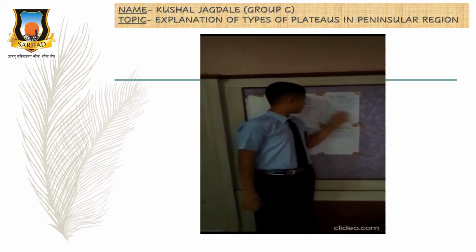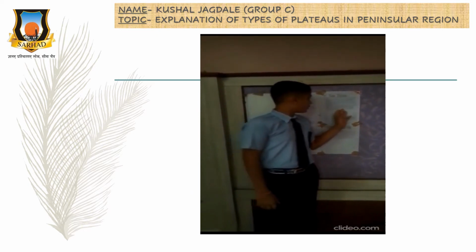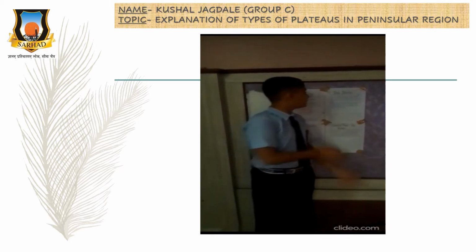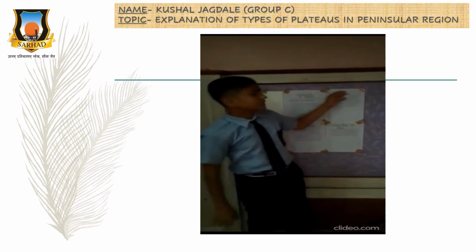The desert forms approximately 0.6% of the total geographic area of India.